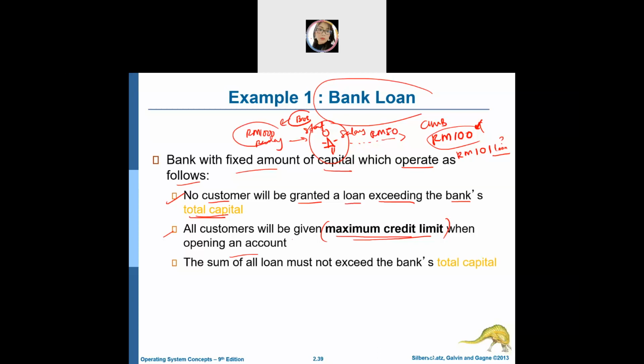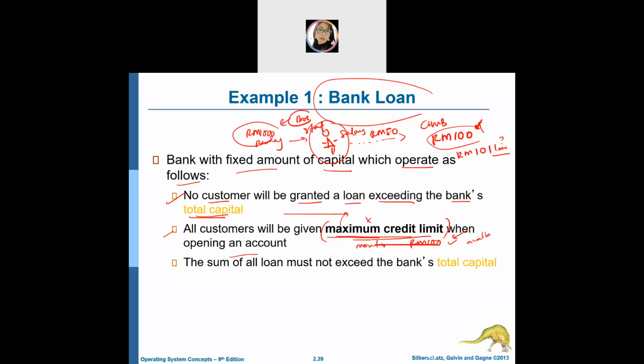Similarly, I don't know whether you are using a postpaid bill for your mobile phone, but mine has a maximum credit limit. If I reach more than that, suddenly it is going to be blocked. Let's say my credit limit is 100 and every month I pay and it is okay.